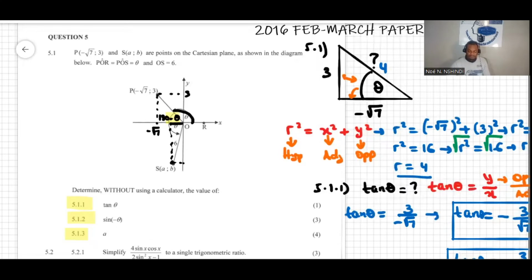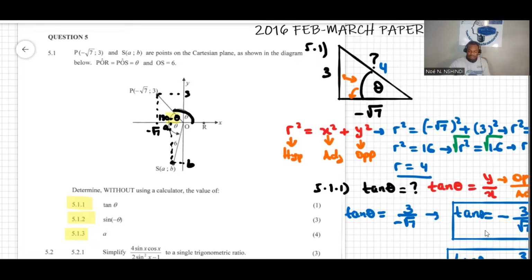Now, the coordinates of S are A units there and B units over here, so we have this triangle formed. But now look at the angle at this point O S. The angle is theta over here, and another theta there, so we have two thetas.